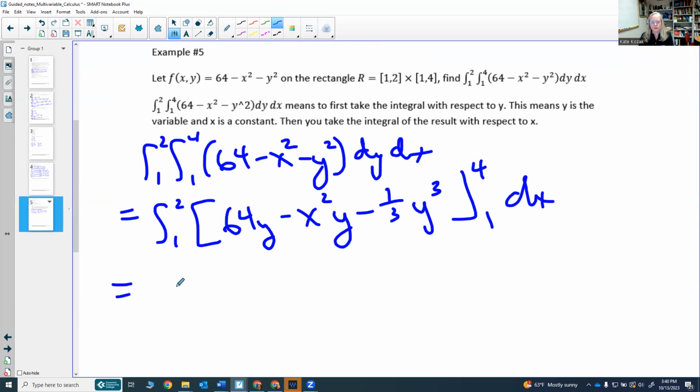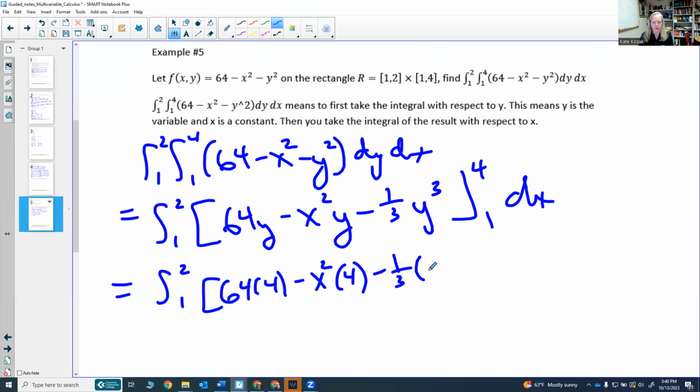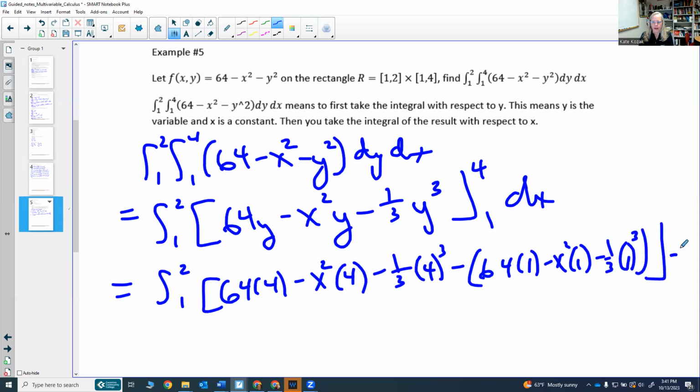This is equal to the integral from 1 to 2. We now evaluate this at the 1 and 4. So you put in 64 times 4 for y, x squared times 4, minus 1/3 times 4 cubed, minus 64 times 1, minus x squared times 1, minus 1/3 times 1 cubed, and then dx.